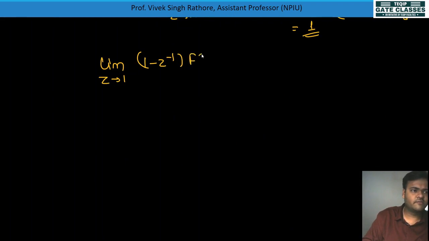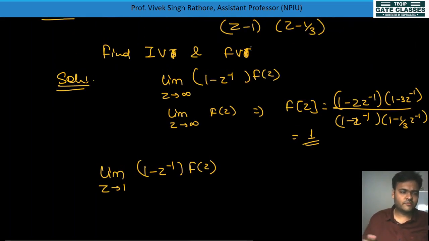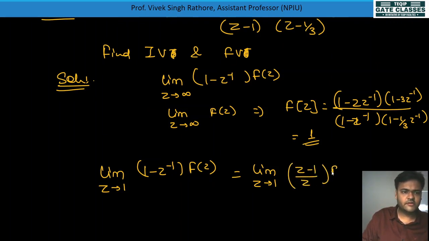For the final value, what you need is limit z tending to 1, 1 minus z inverse F of z. It is also equivalent to limit z tending to 1, z minus 1 by z into F of z, or it can also be written as limit z tending to 1, z minus 1 into F of z.